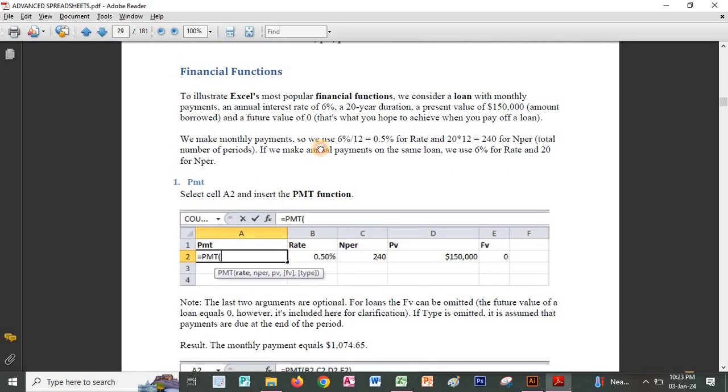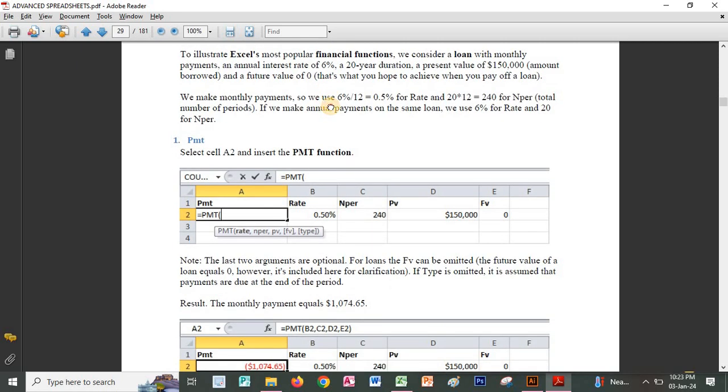What we need to note here is PMT is the amount of payments made per period. Then the rate is the interest rate, and the nper is the number of periods the payments are going to be made.